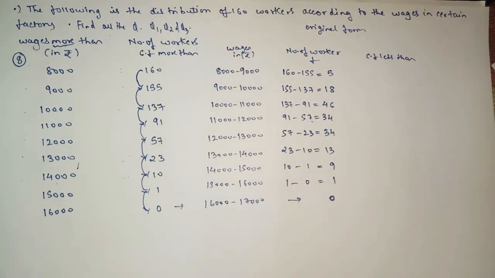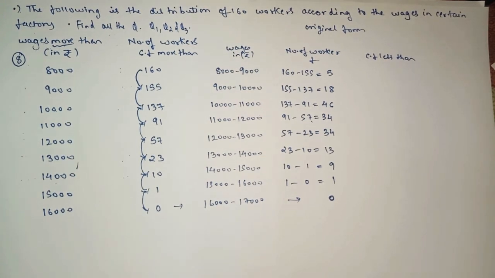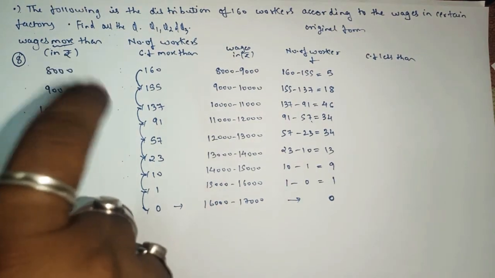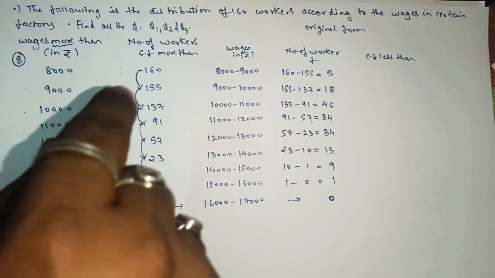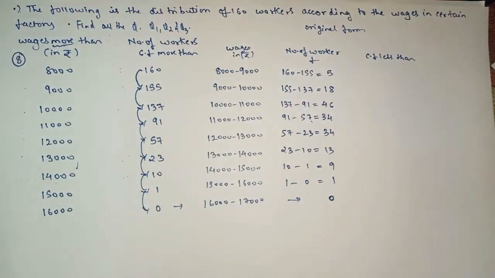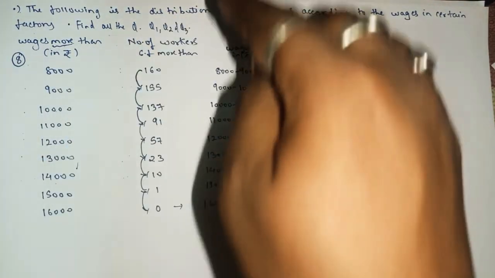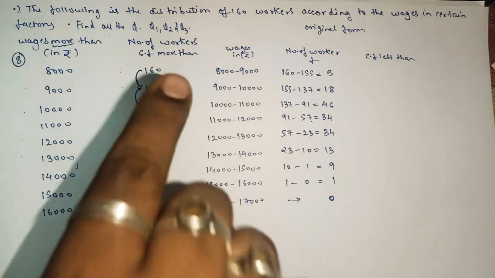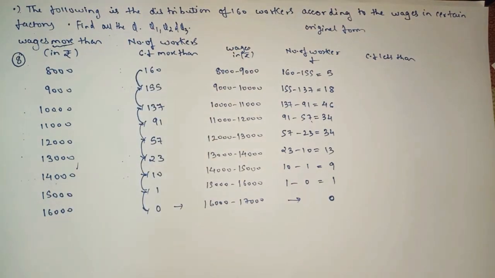Okay, I will not use the word difficult. A slight change is there in the question, and see to it that whenever the class mentions that it is more than, the second column is not your frequency, it will be your cumulative frequency more than.